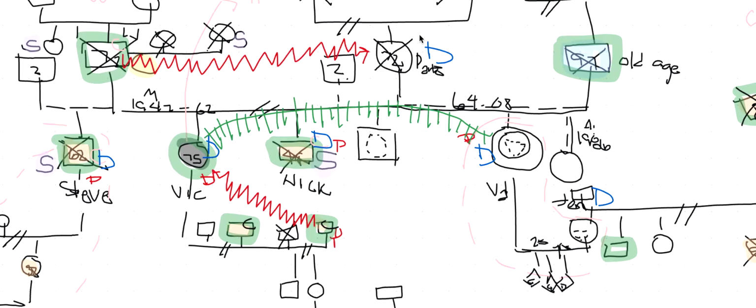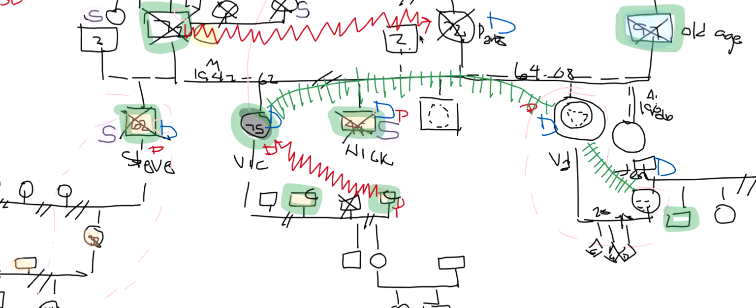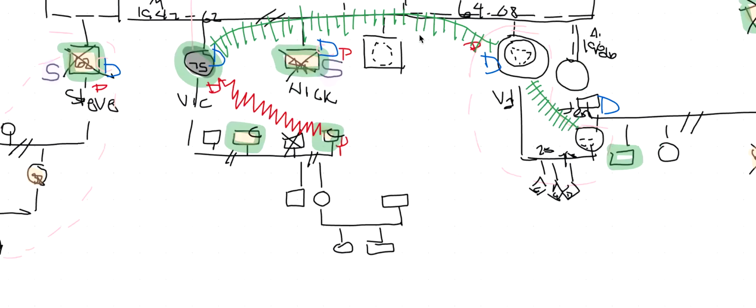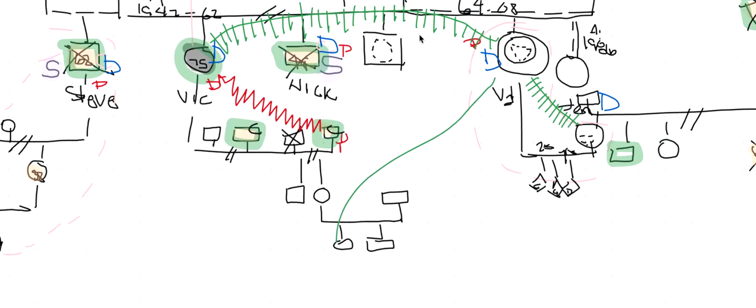And let's see what else. I have a super close relationship with my spouse. And let's see. I have a close relationship, not super close, but I have a pretty close relationship with my niece. So that's double lines in green.